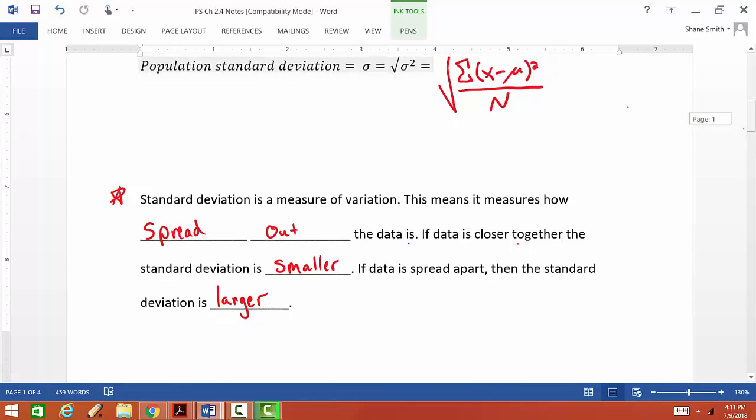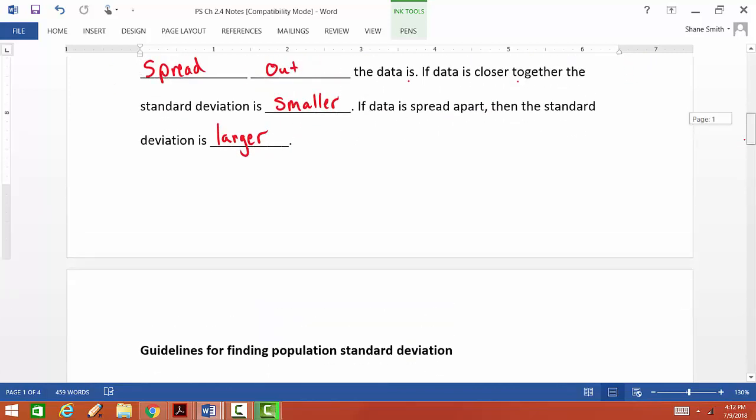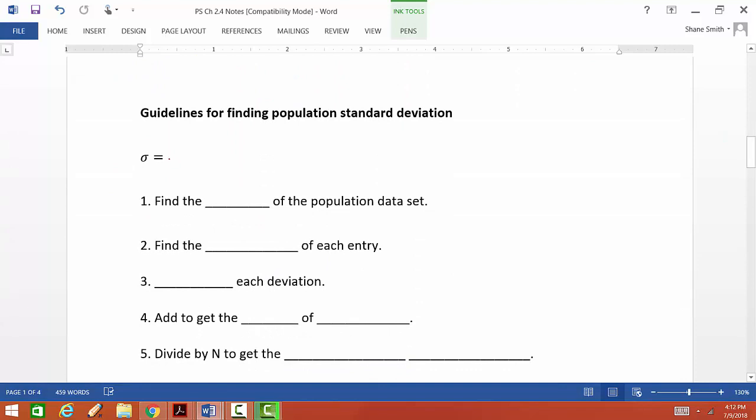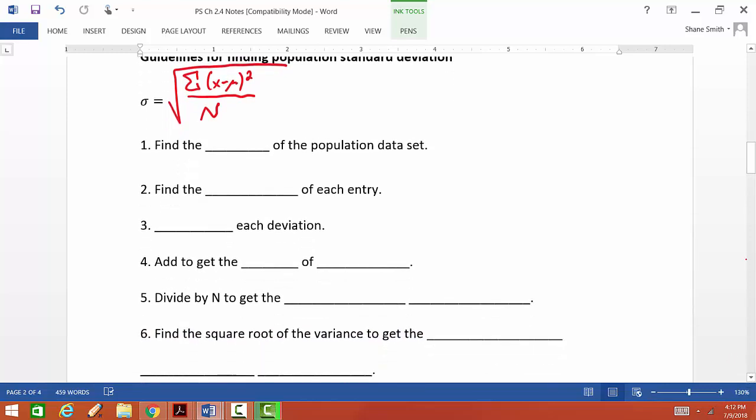All right, so let's go through another example. I'll just rewrite the formula here. And we can summarize this process in 6 steps. We find the mean first. We find the deviation of each entry.